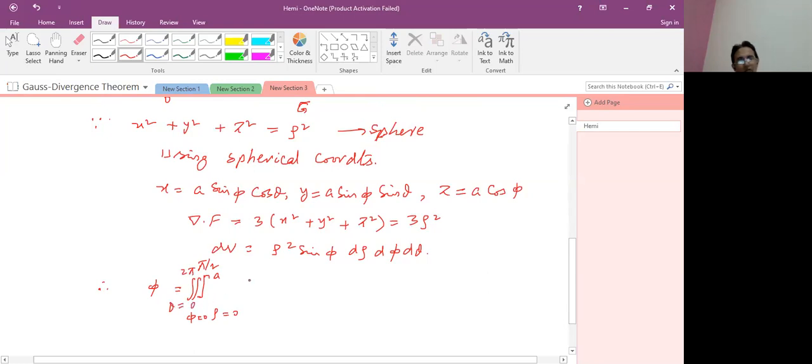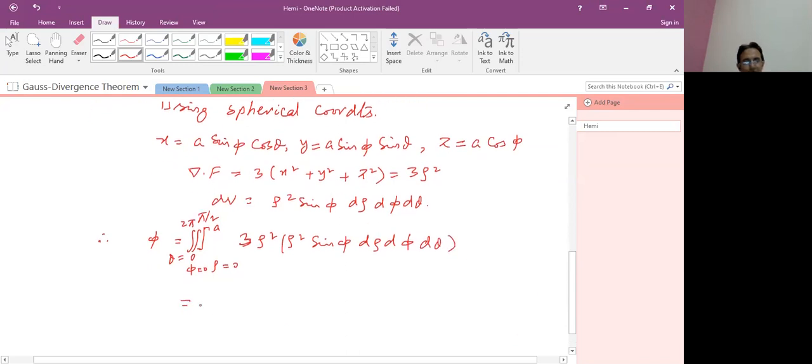When we convert it into spherical coordinates, it is 3 times rho squared into rho squared sine phi d rho d phi d theta. Rho squared into rho squared means rho to the 4. Sine phi is a constant with respect to rho, so we take it outside the integral.